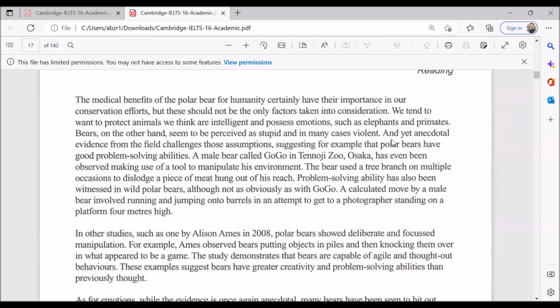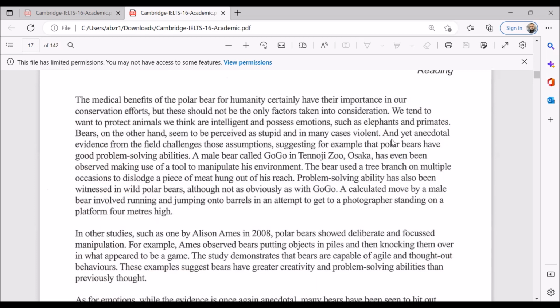"A male bear called Gogo in Tennoji Zoo, Osaka, has even been observed making use of a tool to manipulate his environment. The bear used a tree branch." I believe tool is the correct answer because he used the tree branch on multiple occasions. He's using a tree branch, but as a tool. Observed making use of a tool to manipulate his environment.